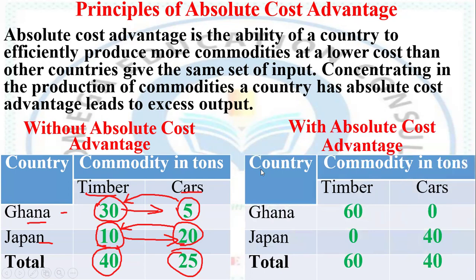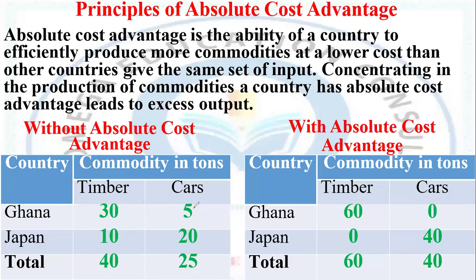Right, so let's observe. When Ghana converts its resources for the production of timber, what it means is that we have 30:5 cars, meaning, let's try the ratio. 5 tons of cars will give Ghana 30 tons of timber.